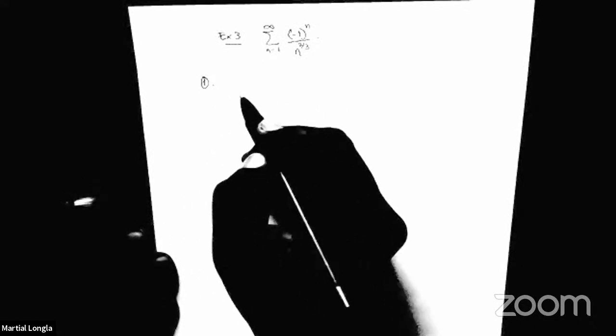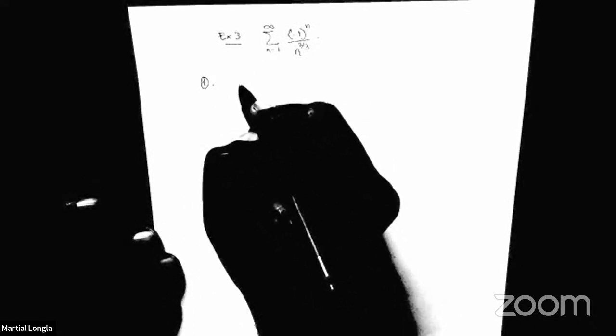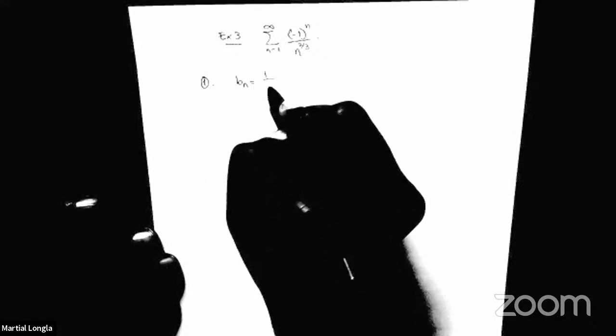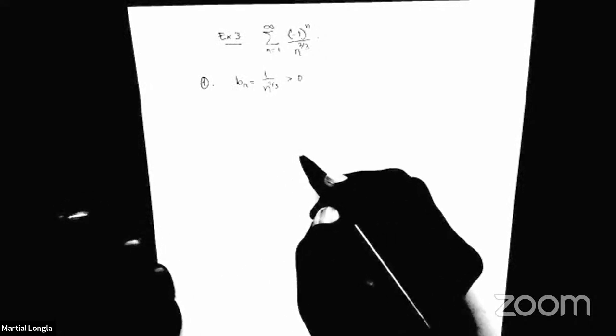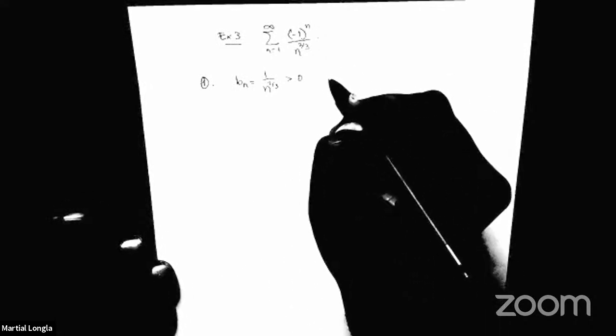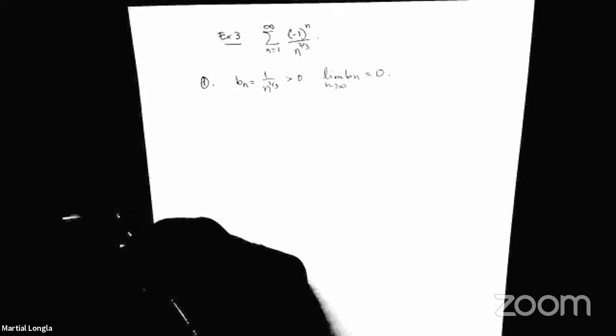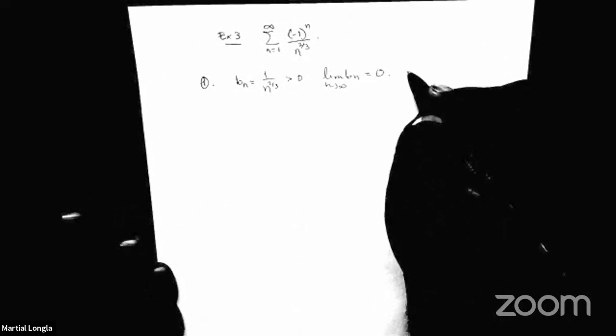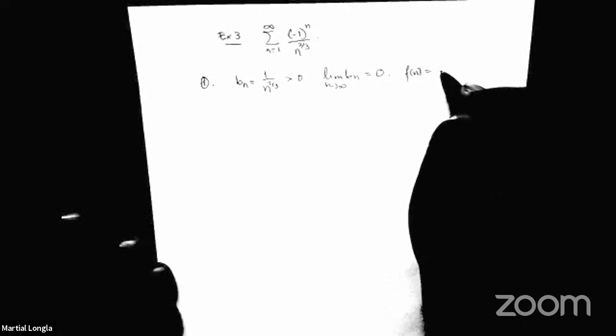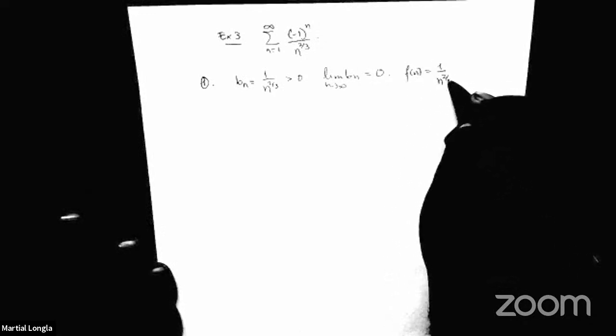Yeah, I can answer it. The first step that I did was call out b of n as 1 over n to the 2/3. That's positive. And then I took the limit as n goes to infinity of b of n, which was 0. Then I took the derivative of b of n, and that came out to -2 over 3n to the 5 over 3.